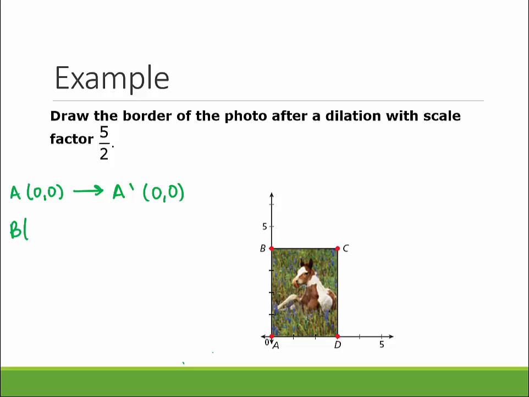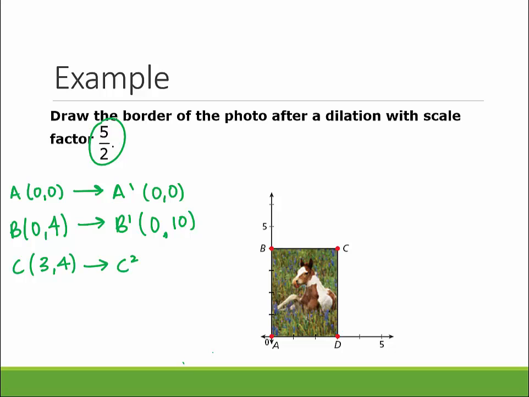Point B is at 0, 4. So if I multiply 0 by 5/2, I get 0. And 4 times 5/2, I get 20/2, or just 10. And then C is over at 3, up 4.